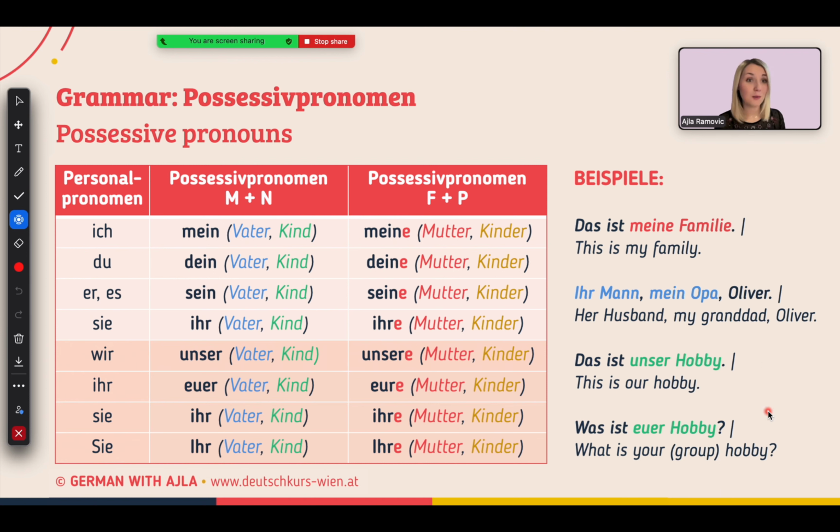And we have one more, a question. Was ist euer Hobby? What is your hobby? But you as a group, imagine you are asking a group of people, what is your hobby? Was ist euer Hobby? Neutral noun, no ending e, das Hobby, euer Hobby.